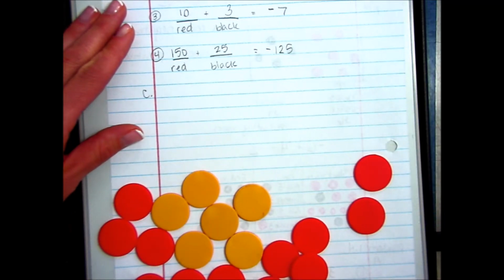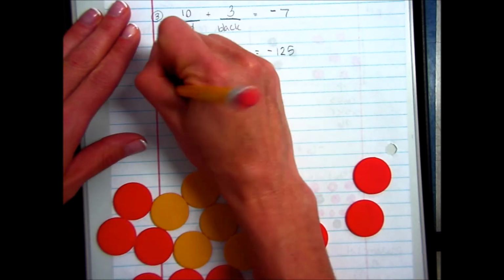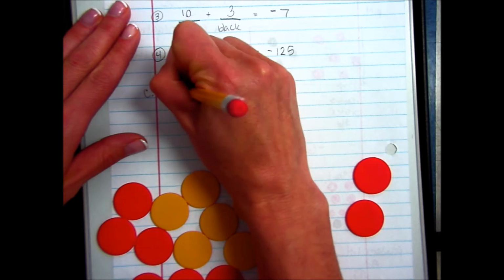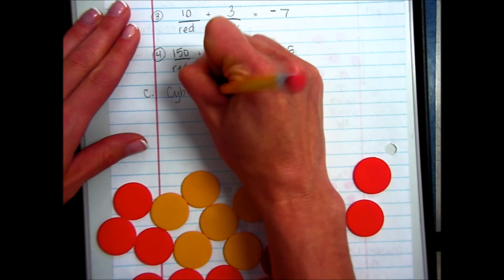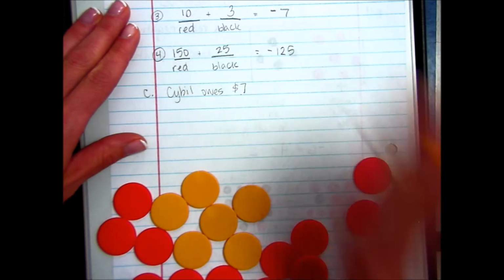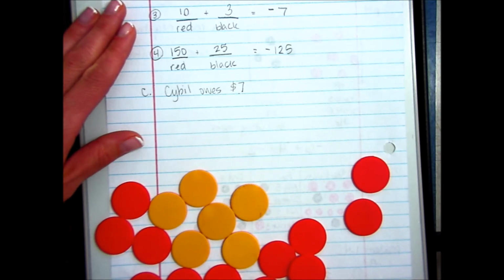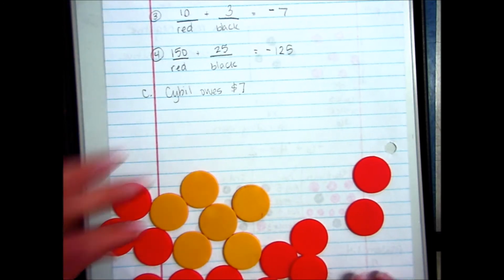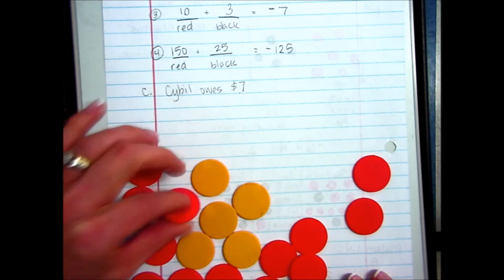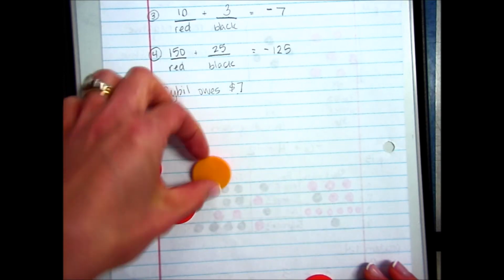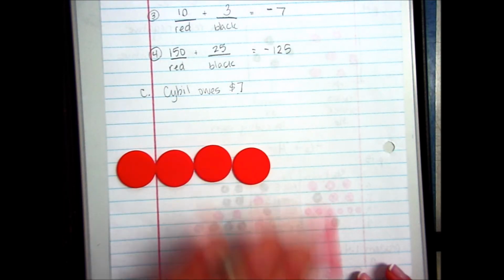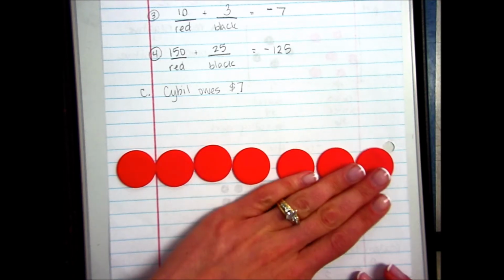All right, now look at part C. It says Sybil owes her sister $7. So when you owe somebody, that's negative. That's my negative 7.